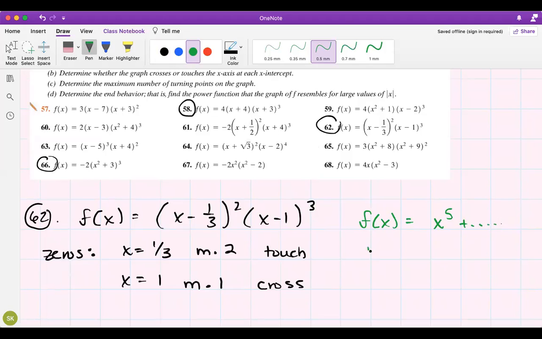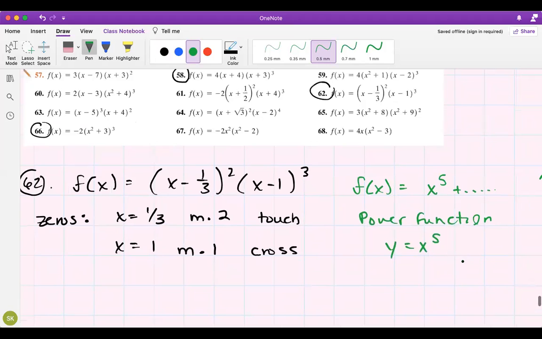So the power function that goes with this function is just y is equal to x to the 5th. And remember that this odd number tells us that we're going to look something like an x cubed graph. We also know that because the degree is 5, we're going to have a max of 4 turning points.